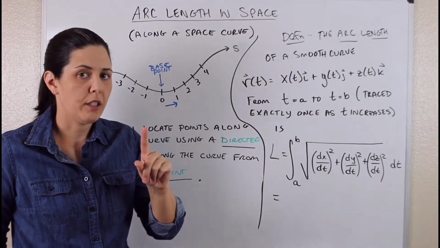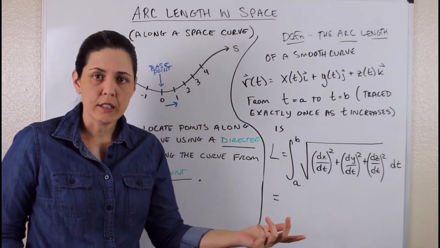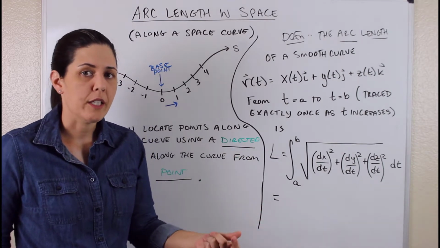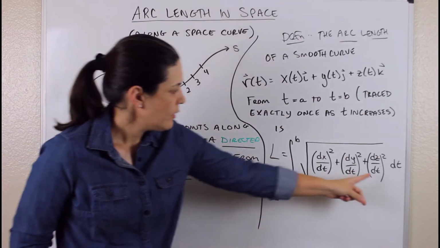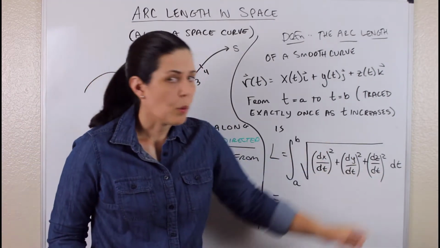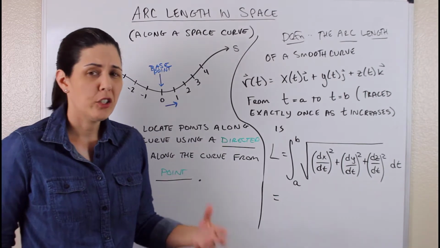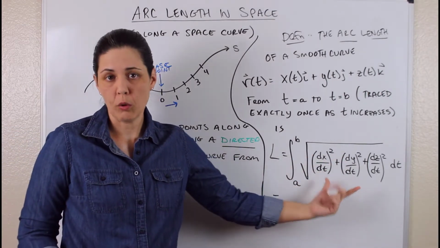Derivative of position, that's velocity. So that's going to be our velocity vector function. The second thing is, what does this format give us? This square root of these components squared and added should hopefully look familiar. That is magnitude, or length.